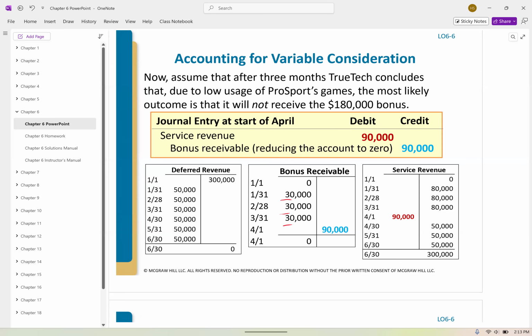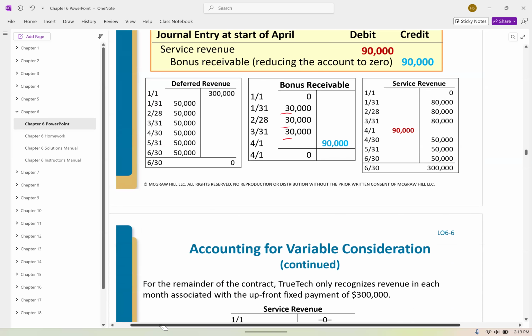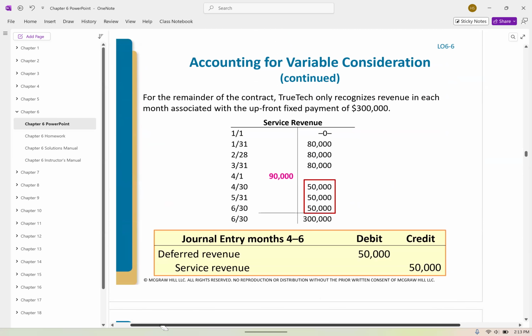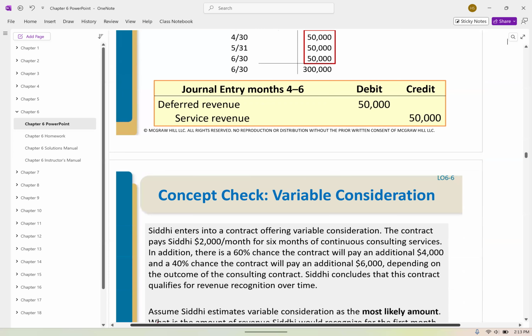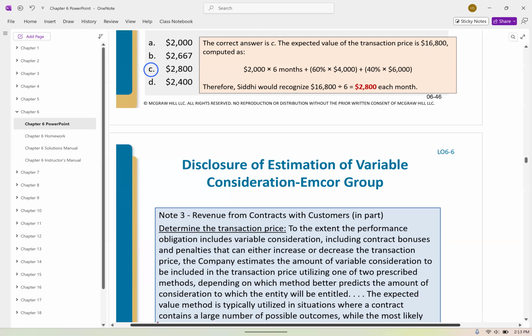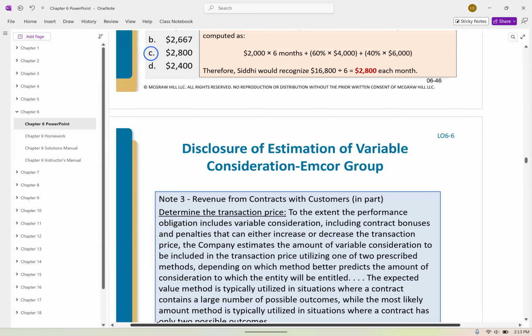We are going to debit that service revenue account and credit the bonus receivable. And then after that, we would be making the entry just for the 50,000 for those 3 months that follows that. I'm going to skip past those so that we can get through this video.